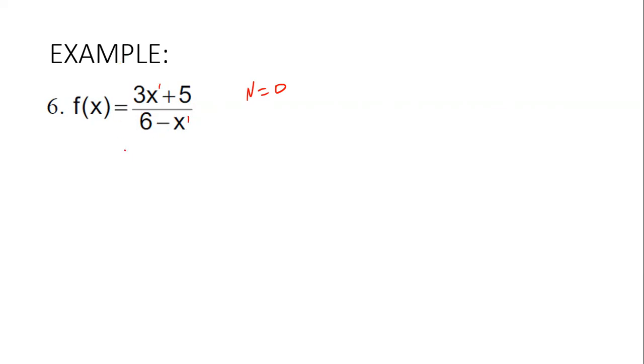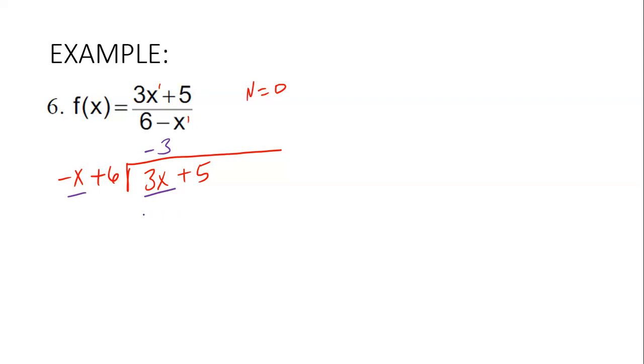Now, when we divide, we're going to rewrite this. So we have negative x plus 6 divided into 3x plus 5. So dividing this, what is 3x divided by negative x? Negative 3. Just negative 3. And then we're going to multiply.